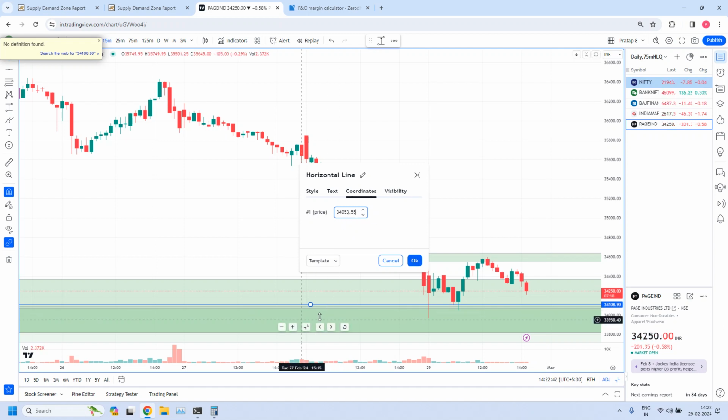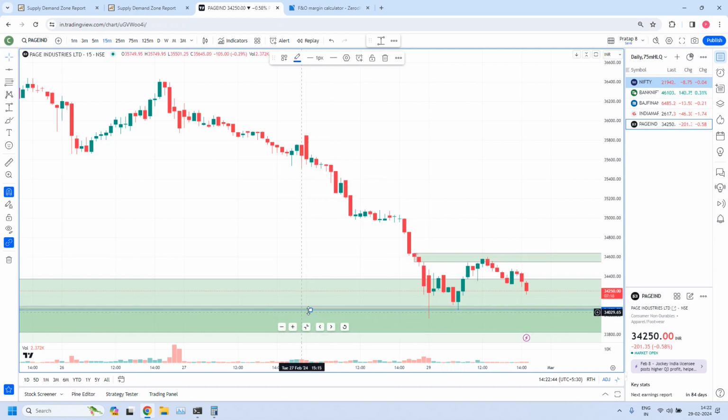Click OK, and automatically the line will be adjusted. See, the line is adjusted. This is the entry. And what is our stop loss? That is the zone low. This is type 1 entry. First I will show you with the type 1 entry till the digital line. After that, to minimize the risk, we will look for type 2.